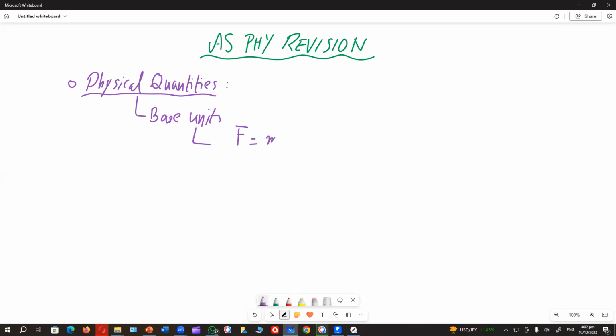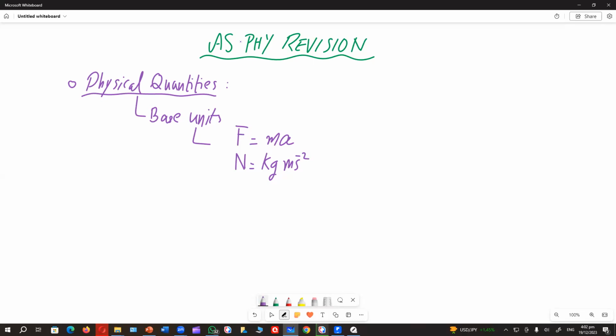For example, if F = ma, force is in Newton, mass is in kg, and acceleration is in ms^-2. This is how we put the base units to get the derived unit.